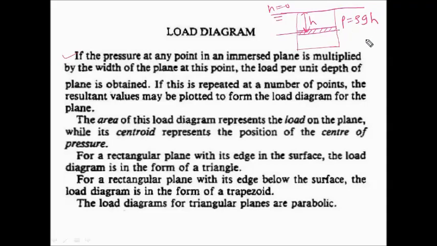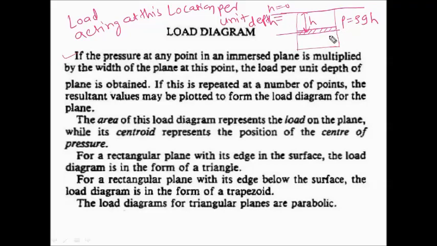Then with the help of this formula, we are going to calculate the load acting at this location per unit depth. So to find the load acting at this location per unit depth, I will multiply this pressure by the width of the bulkhead at that location.